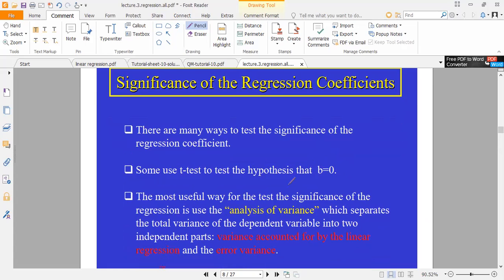Now, you realize that we use a t-test because most of the values that we use are a pair less than 30. The significance of the regression coefficient is the most useful way to test the significance of the regression using what we call analysis of variance, which represents a total variance of the dependent variable into the two independent parts.